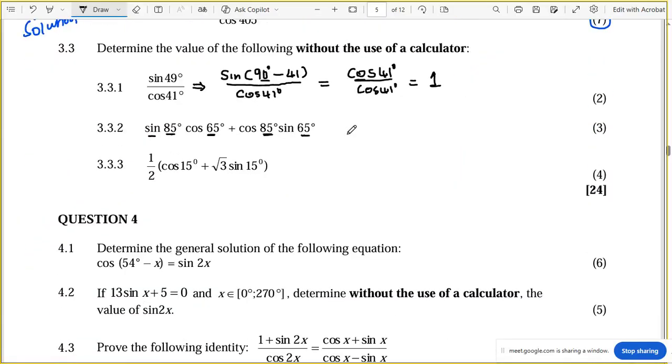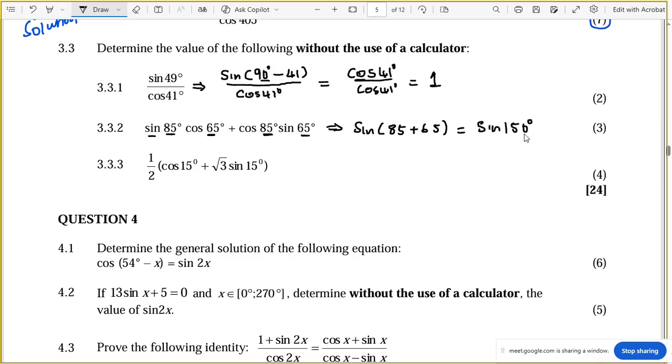Okay, so we can rewrite this as the sine of 85 plus 65. You add them, 85 plus 65 gives us 150. So this will be the sine of 150.